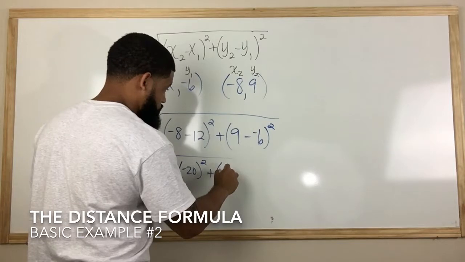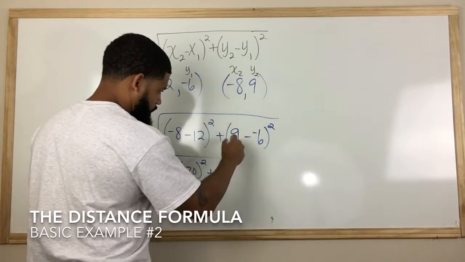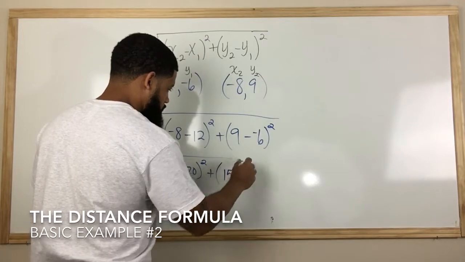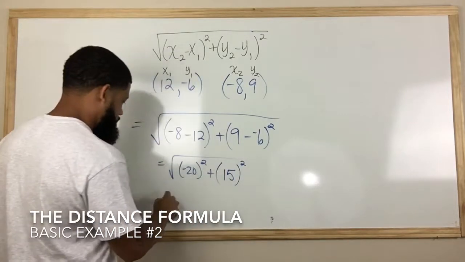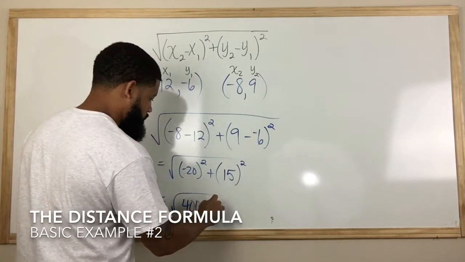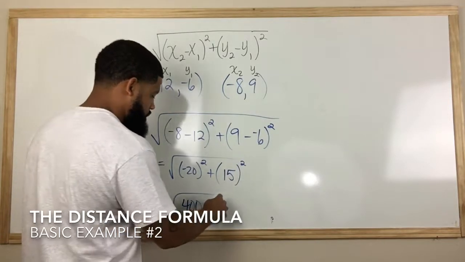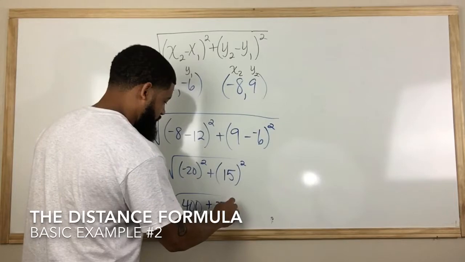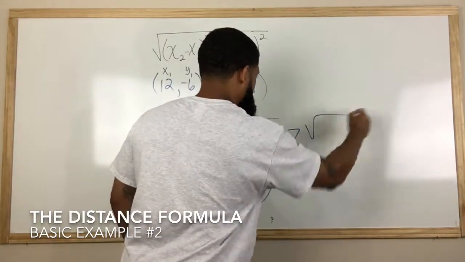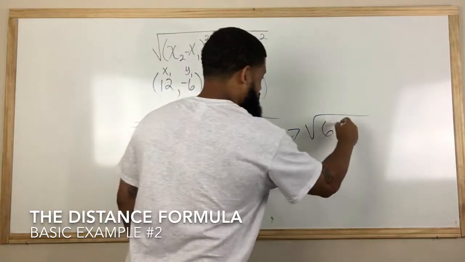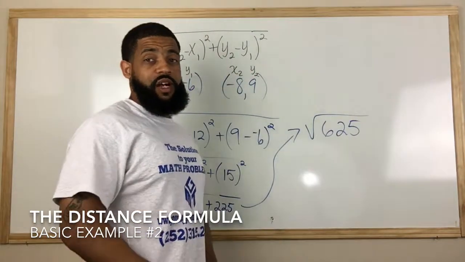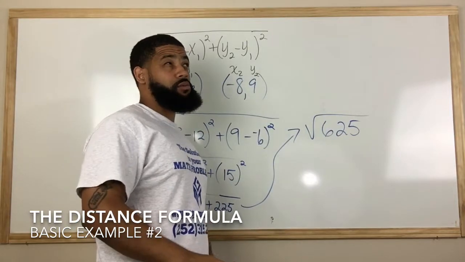So this is going to be 9 plus 6, which is 15. All right, so we end up having the square root of 400 plus 15 to the second power, which is 225. So this gives us the square root of 625. And the square root of 625 is actually 25.